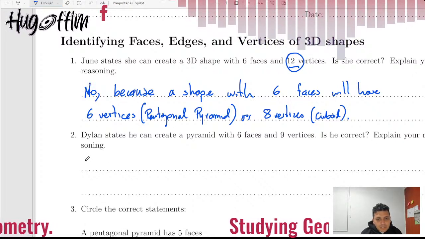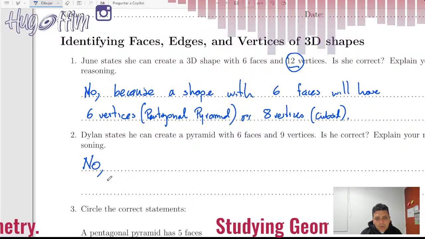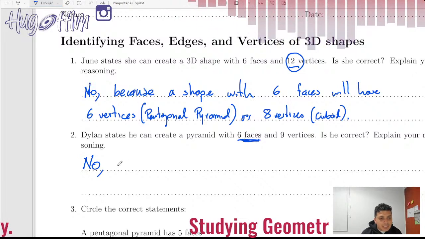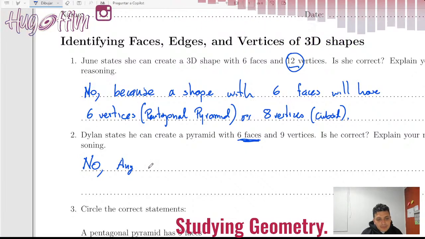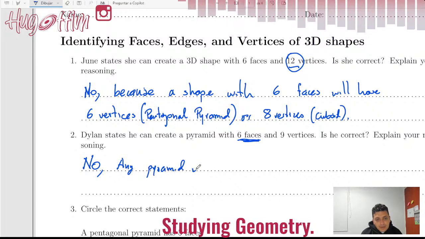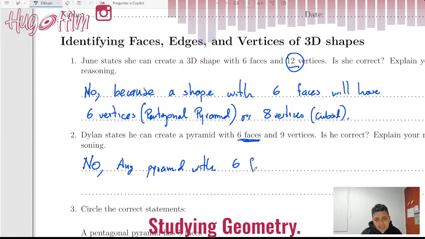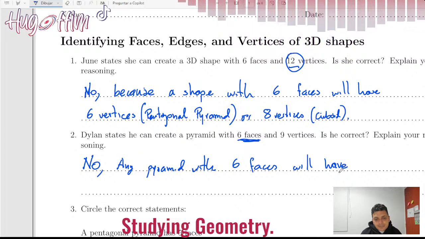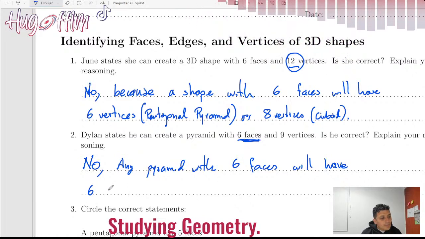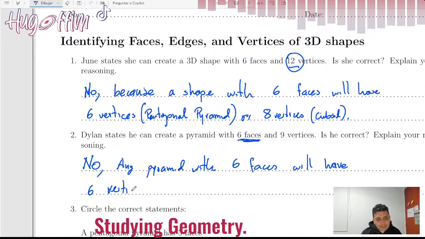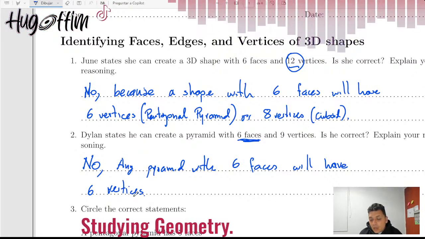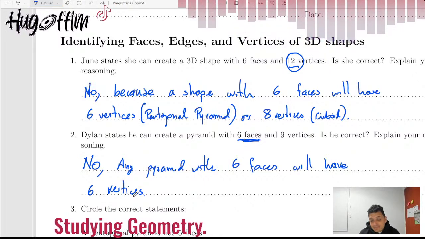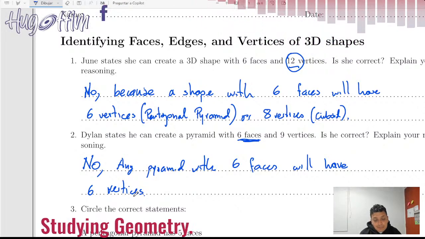Obviously, in this answer, we already see that it's no, because any pyramid with 6 faces will have 6 vertices. For pyramids, the number of faces is going to be the same as the number of vertices. So this is how it works.